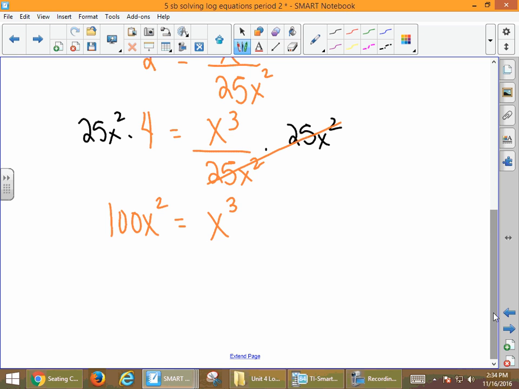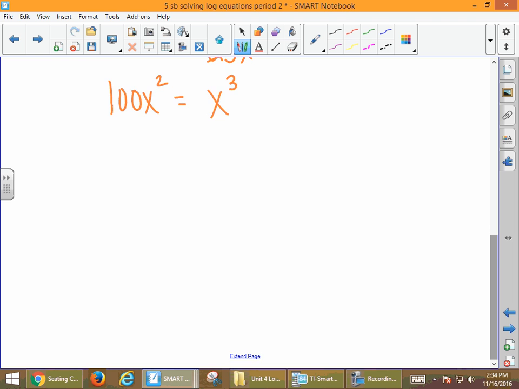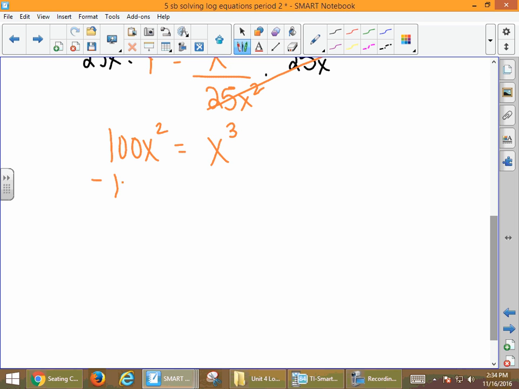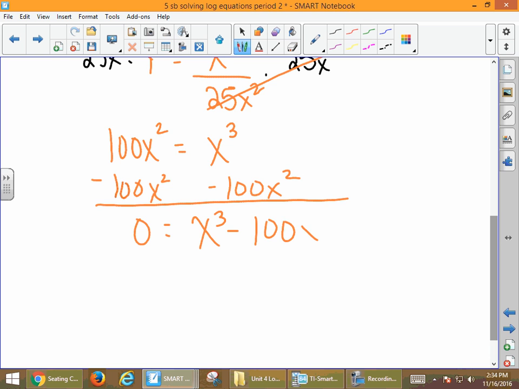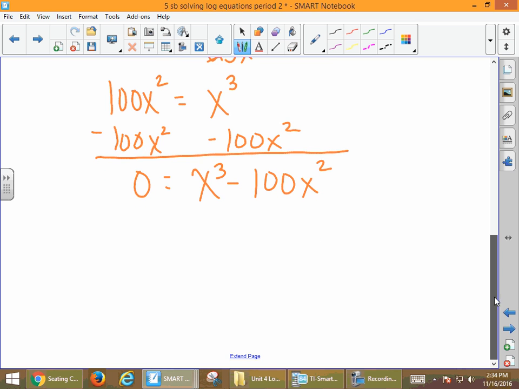Well, we're going to have to factor again, and we're going to move the 100x squared to the other side over here with the x cubed. And we have 0 equals x cubed minus 100x squared. If we factor out a greatest common factor, our greatest common factor is x squared times x minus 100.